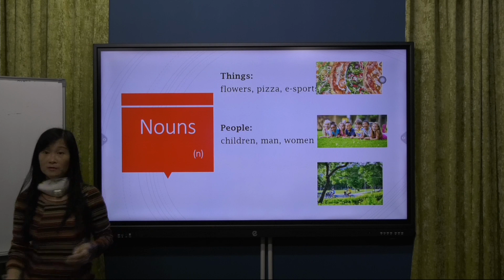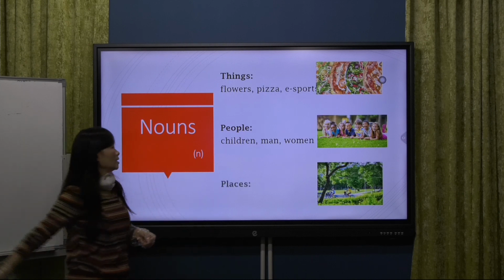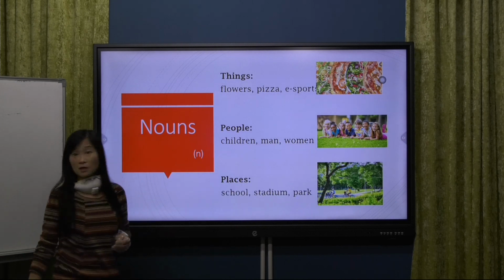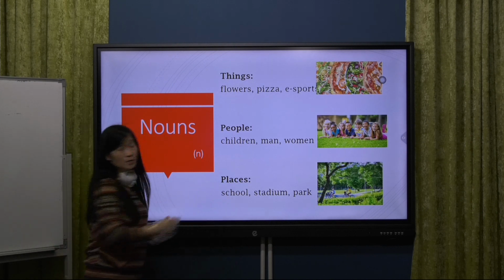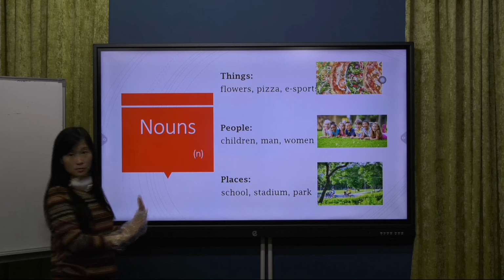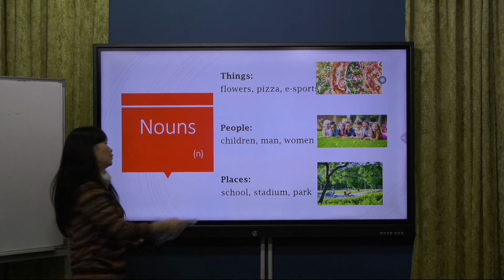Man, women, they are all nouns. And places are also a sort of noun. School is a noun. Stadium is a noun. And park is also a noun. No problem with this? Right. So I'll go to the next one with you.